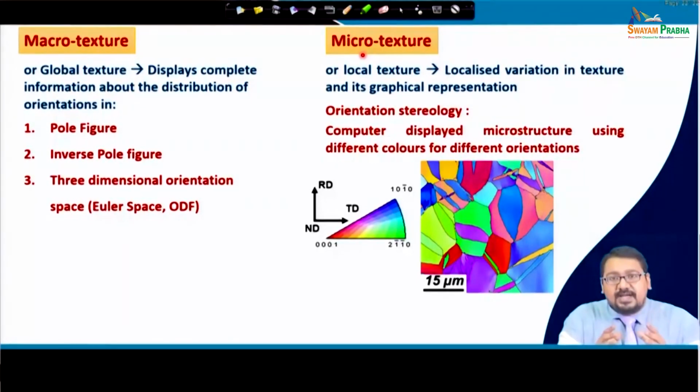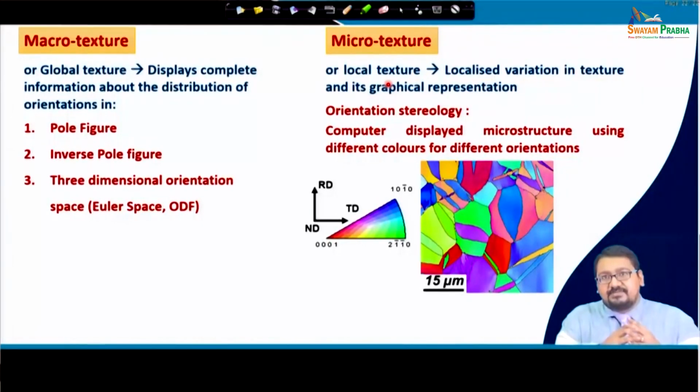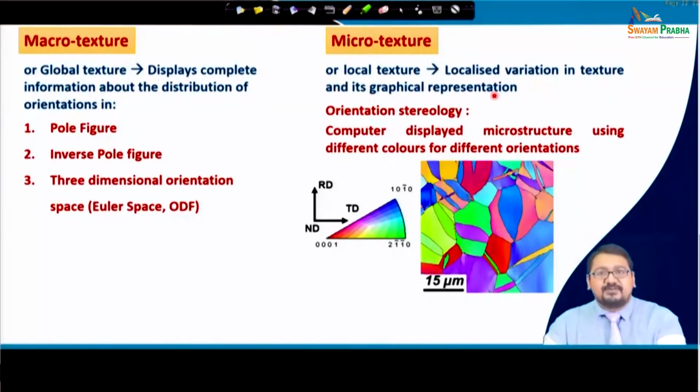Microtexture on the other hand gives information about the local texture. Now, what is the difference between the local texture and a bulk texture? Local texture is basically localized variation in the orientation of the material, and this texture representation can be given in terms of a graphical representation, like the one shown in this colored micrograph below.